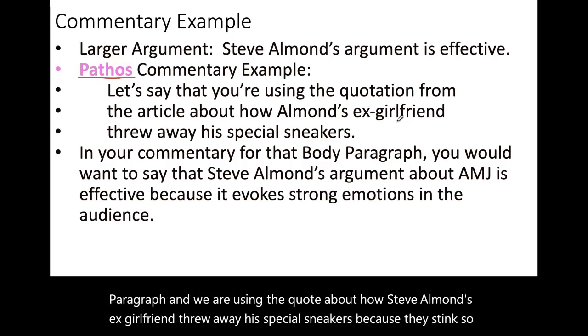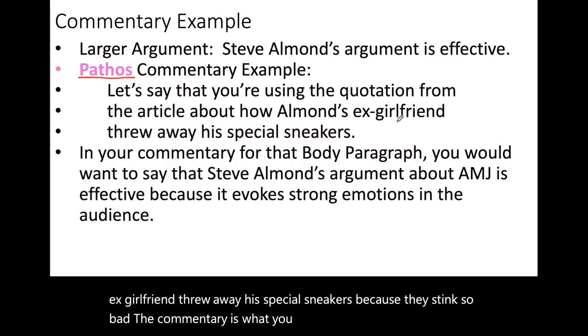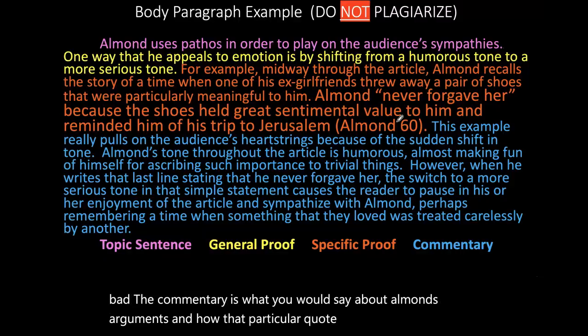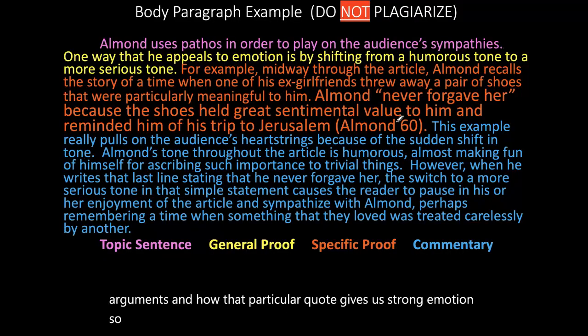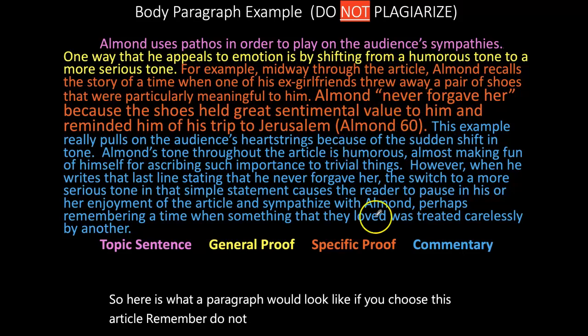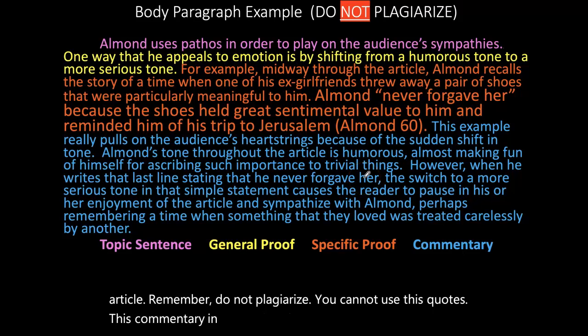The commentary is what you would say about Almond's arguments and how that particular quote gives us strong emotion. So here is what a paragraph would look like. If you choose this article, remember, do not plagiarize. You cannot use this quote or this commentary in an article about Steve Almond's accumulated male junk.